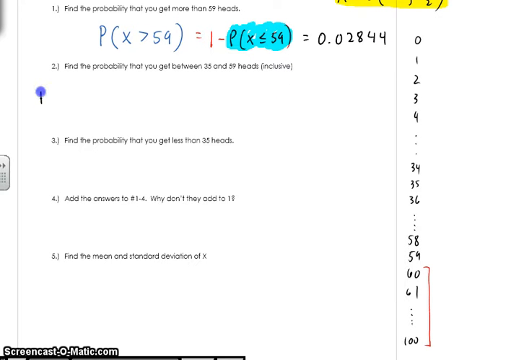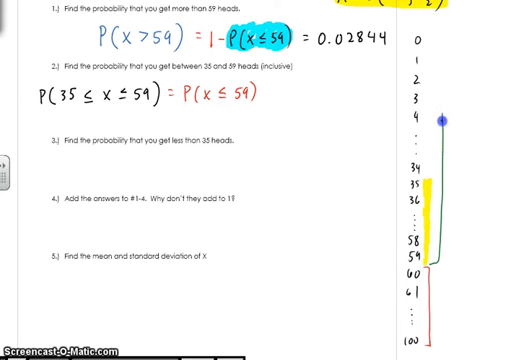Number 2, find the probability that we get between 35 and 59. So that's between 35 and 59 inclusive, so we're including those two. If I highlight what I'm trying to find, I'm trying to find between 35 and 59. Yesterday we talked about, what if we took the probability that x is less than or equal to 59? That would be all of this.